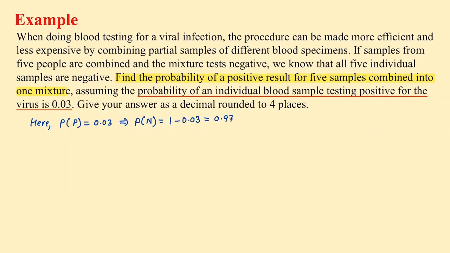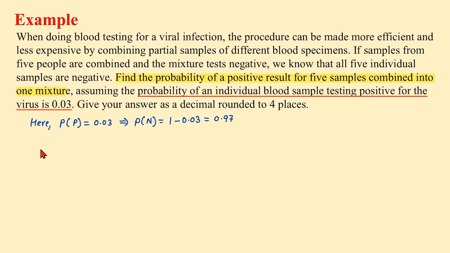So here we want to find the probability of a positive result for 5 samples combined. But what we know is if we do the mixture test and it is negative, then we know that all 5 are negative.